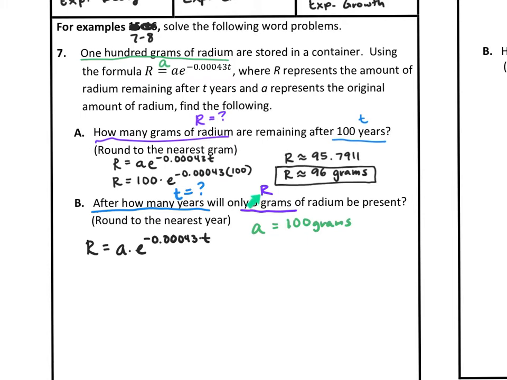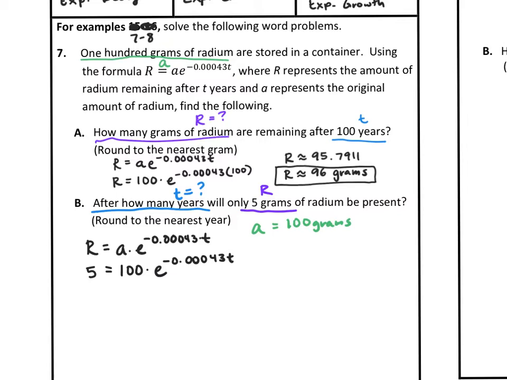We know that R is 5, so I'm going to replace R with 5 equals 100 grams is what we're starting with, times E to the negative 0.00043 T.